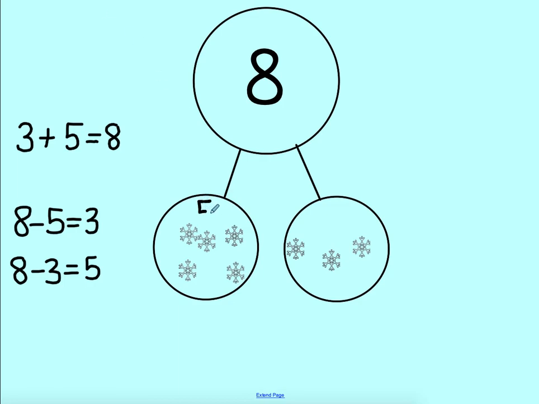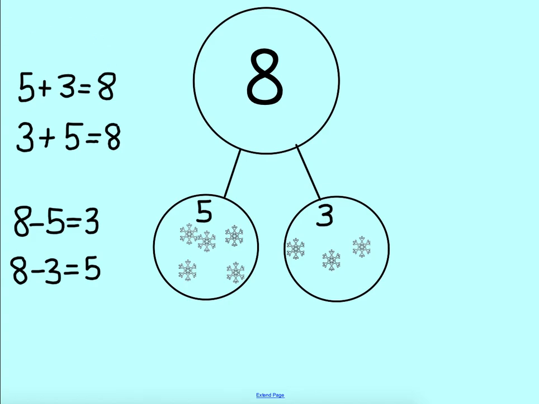Our parts are still 3 and 5, but they've switched order. So now it's 5 plus 3 equals 8. It's still part plus part equals whole. We just switched the parts. Do you remember what that's called? The commutative property. Very good.